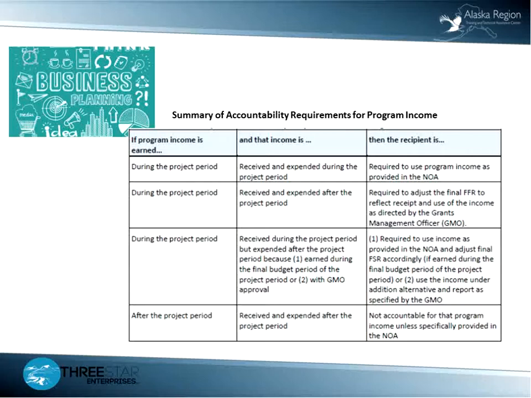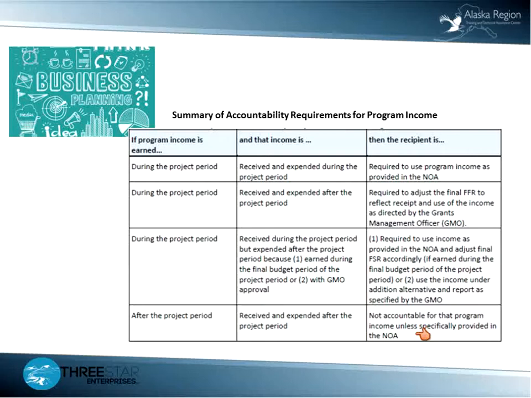So you just continue to go through the table, and we'll take a look at the last one. If the program income is earned after the project period, and that income is received and expended after the project period, then the recipient is not accountable for that program income unless specifically provided in the notice of award.